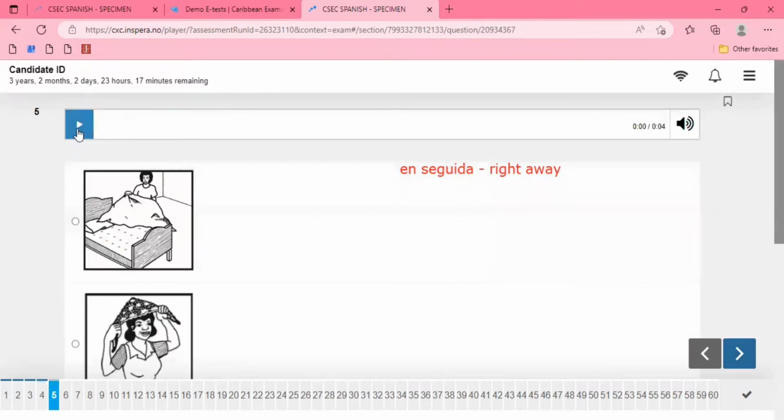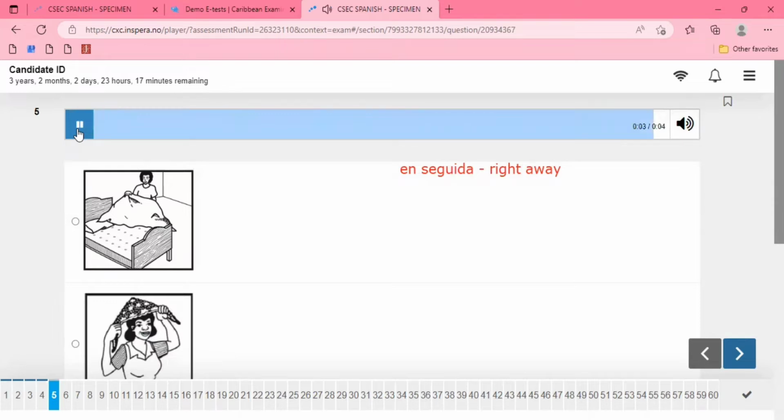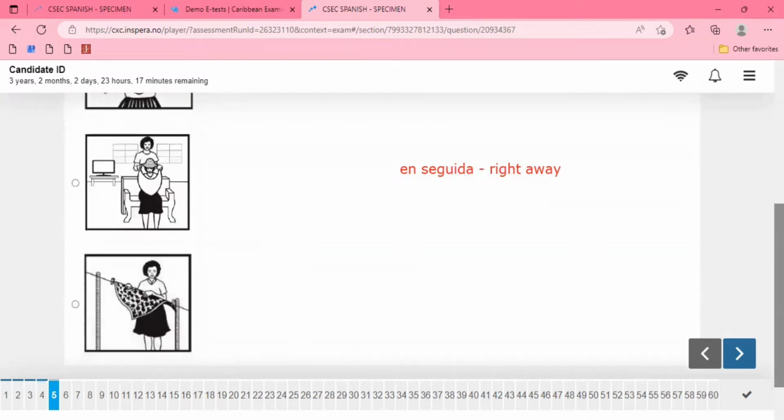All right. Pregunta 5. "Ella tiende la cama." "Ella tiende la cama." So we're looking for someone who is going to be making the bed.